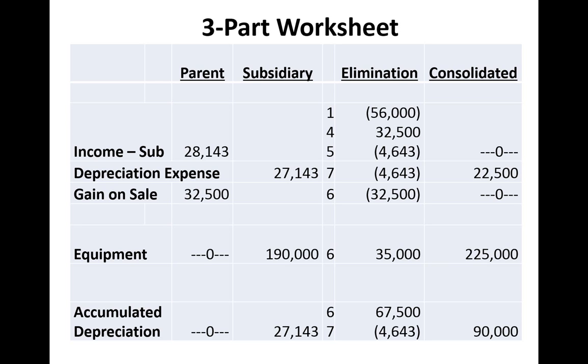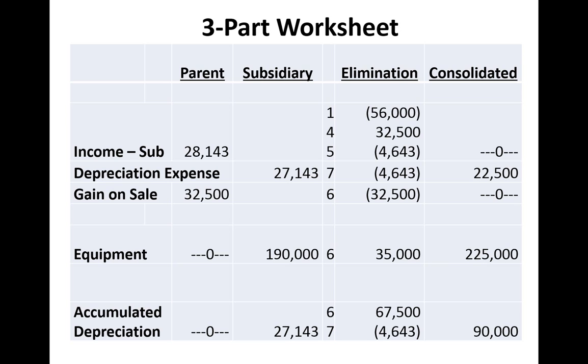And let's work through this. The depreciation expense that we computed for the parent was $22,500. And with this particular asset, we're in year 7, so we have year 4, 5, 6, and 7. That's 4 years.